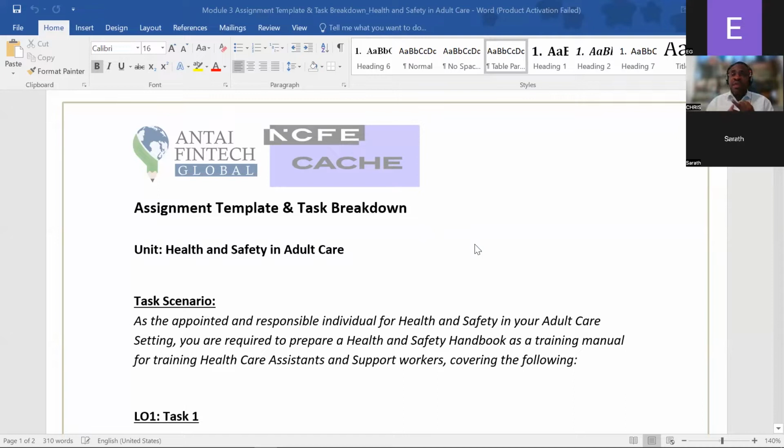Number two, how the employer is supposed to ensure that the work environment is healthy for you working there, and healthy and safe for the residents or the individuals or the service users. So you're looking at a healthy and a safe environment. So the assignment topic is health and safety in adult care.